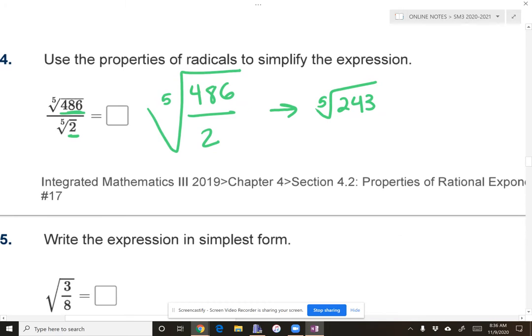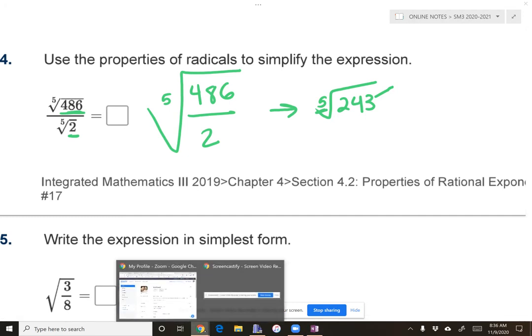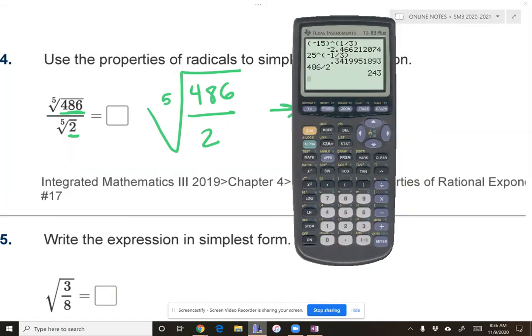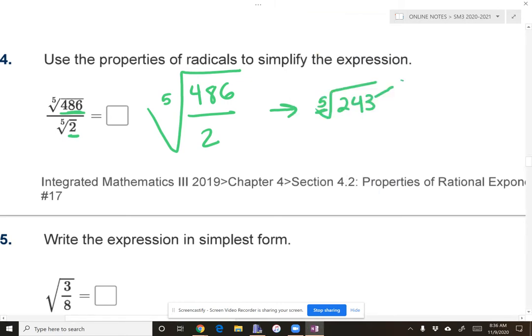Okay? And I'm going to see 243, we might be able to use our calculator, or I know we can simplify it by hand by trying to find 5 of the same number. So 243, I know that 2 doesn't go into it, so I'm going to try 3. So I'm going to go 243 divided by 3, and I get 81. 3 and 81. And 81 I can work with because I know my times tables. 9 times 9, which is 3 times 3, and 3 times 3.